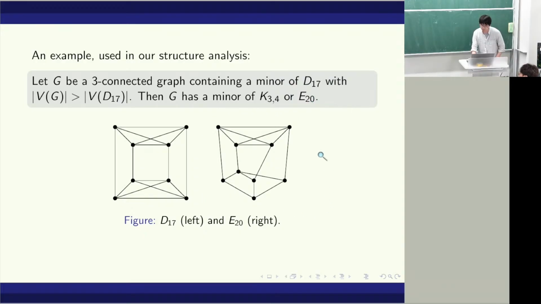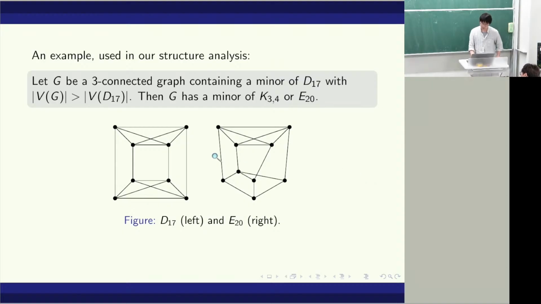E20 is this graph, which is similar. We have a K4 up, and at the bottom we have a K23, and they are joined by a matching, but one 3-valent vertex of the K23 is not covered by the matching.